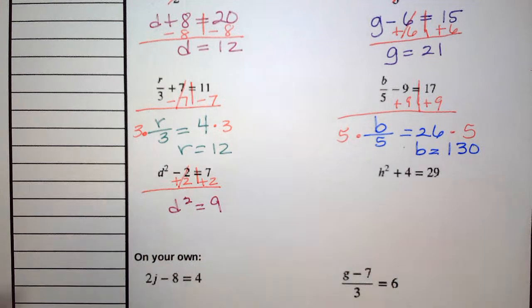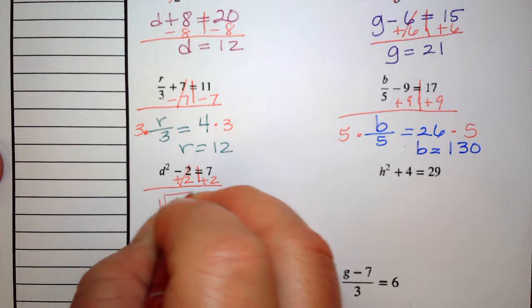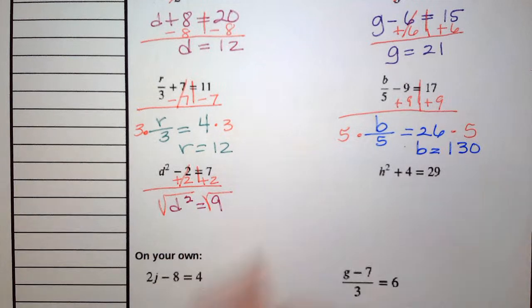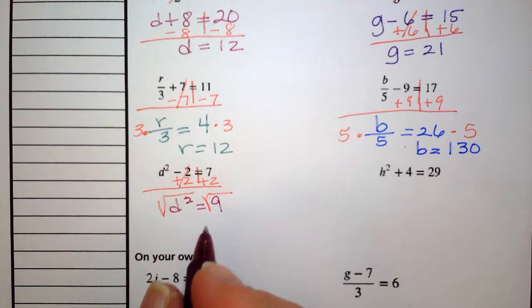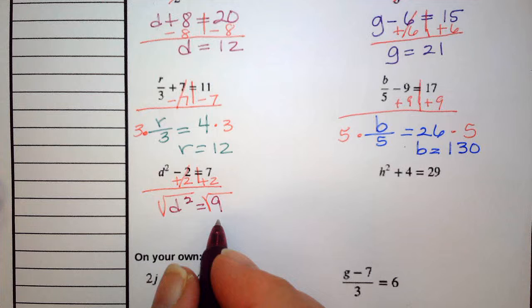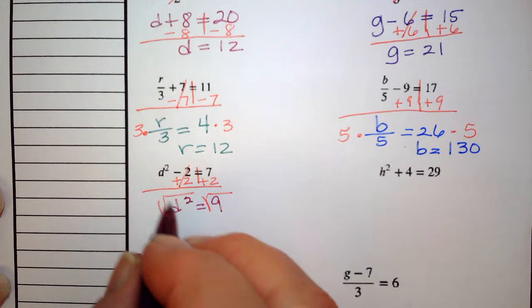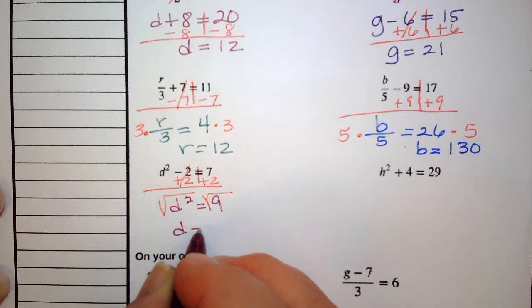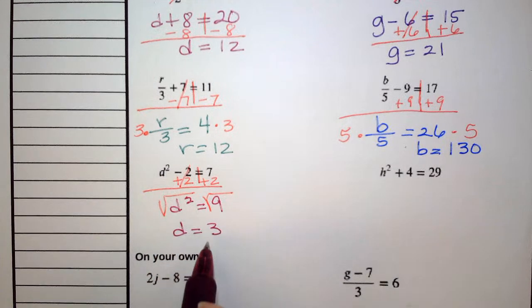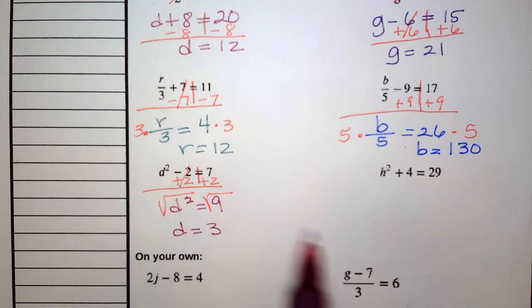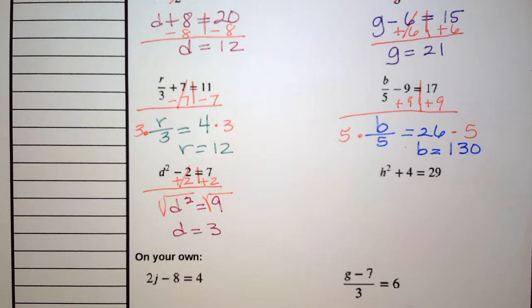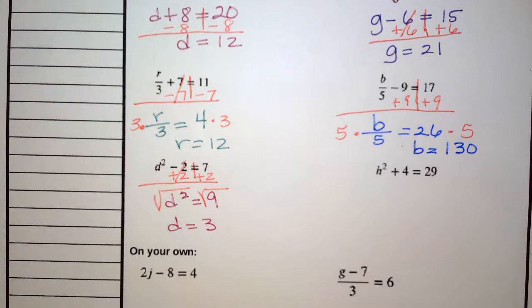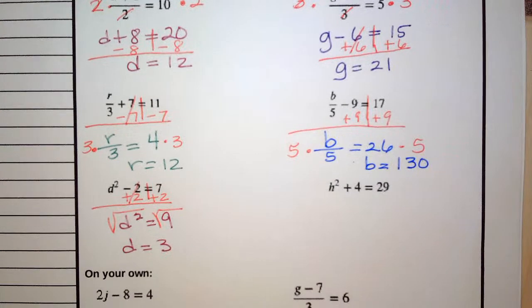What is the opposite of squaring? Square rooting. What number times itself gives me 9? 3. So d is equal to 3. 3 times 3 is 9. 9 minus 2 is 7. Pause the video and see how far you can get on the next one.